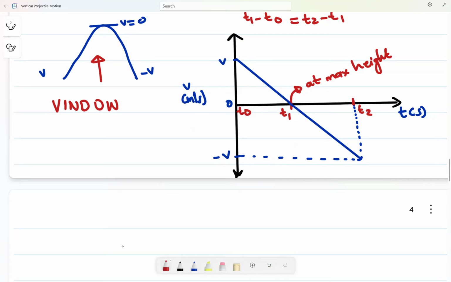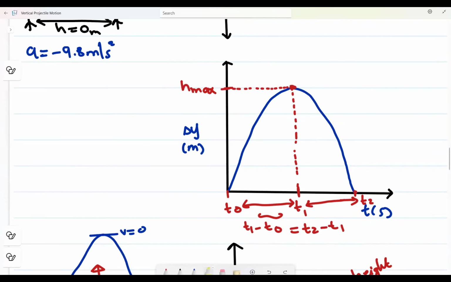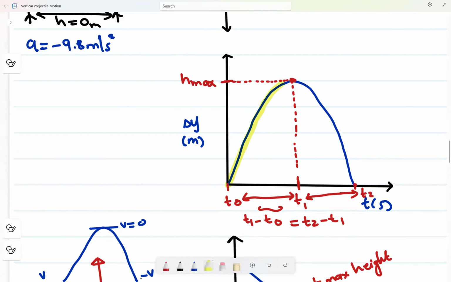One thing I want you to take note of: from v to 0, even if you are asked to draw this, it should be equal length to 0 to v. Why? Because the distance from here to there is exactly equal to the distance from there to there.